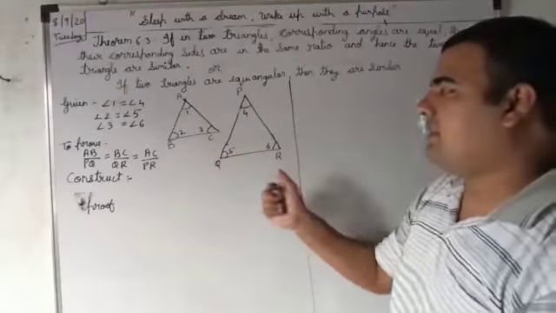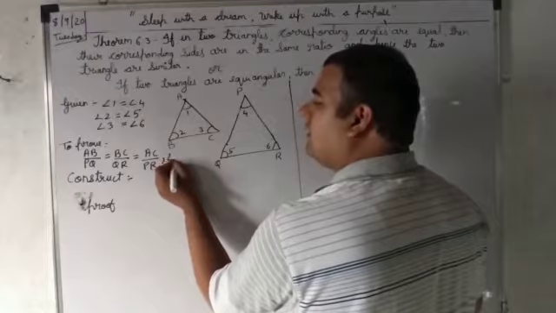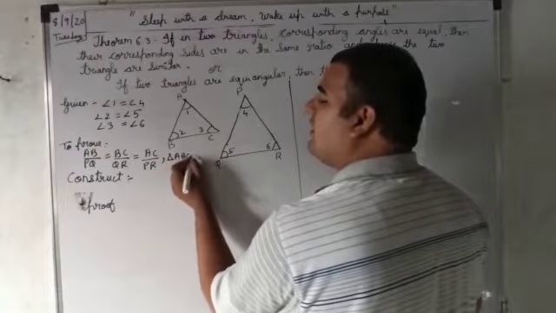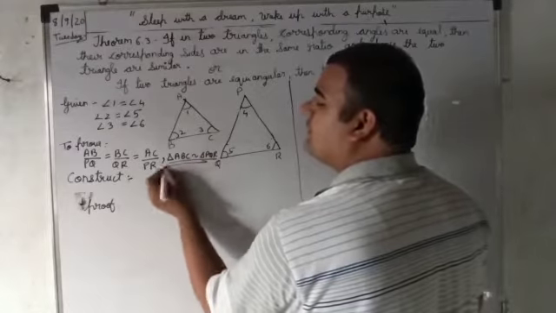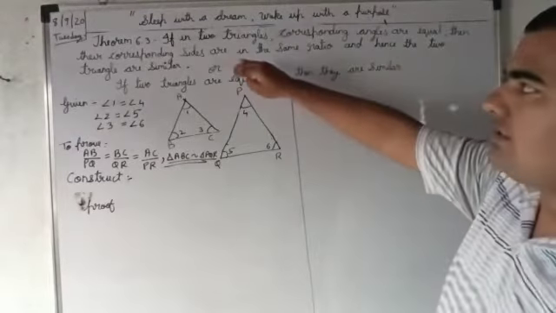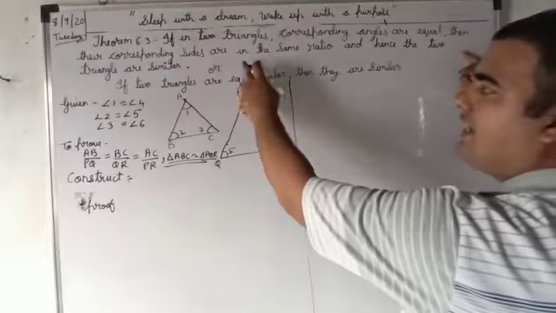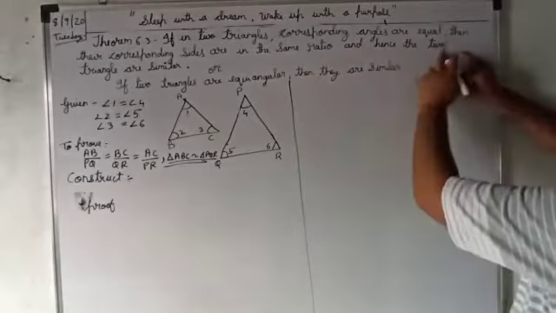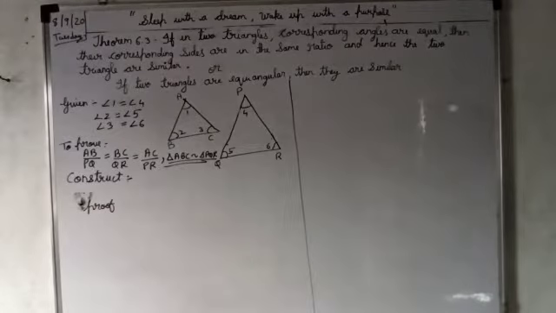That is, triangle ABC is similar to triangle PQR. So you need to prove this also. Here also, if two triangles' corresponding angles are equal, then the corresponding sides are in the same ratio and hence the two triangles are similar. Now we will proceed further.